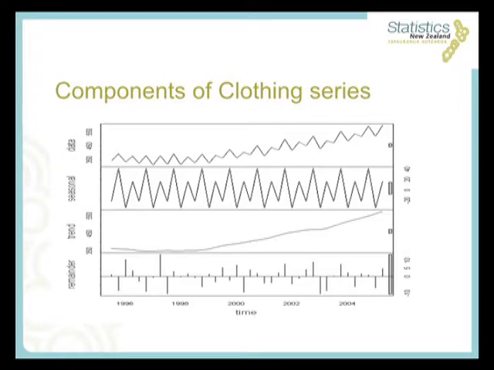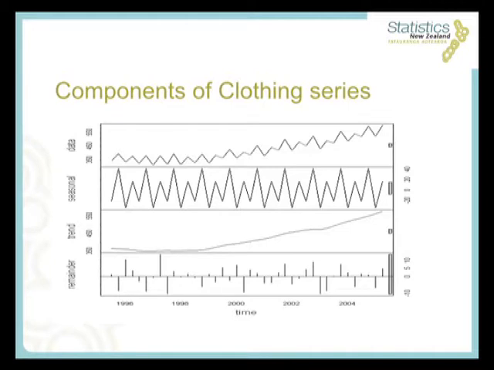What you hope to see in these irregulars is no pattern. And here, mostly it's sort of up and then down. So mostly this is good, no seasonal pattern, no regular pattern in the irregulars. So we can say that this trend and the seasonal component really isolate those components quite well.